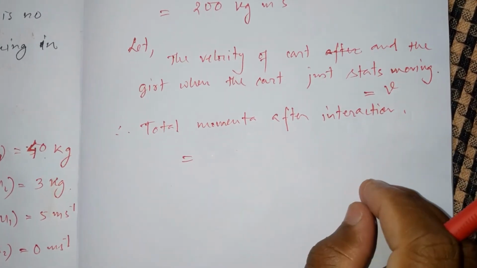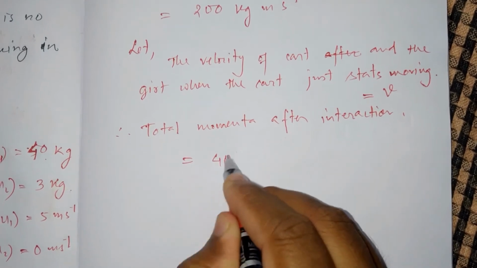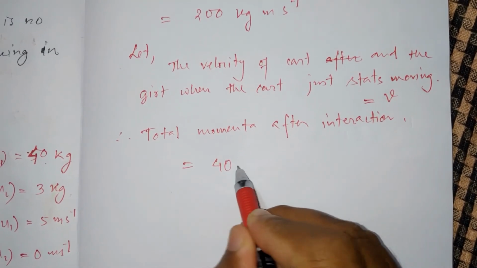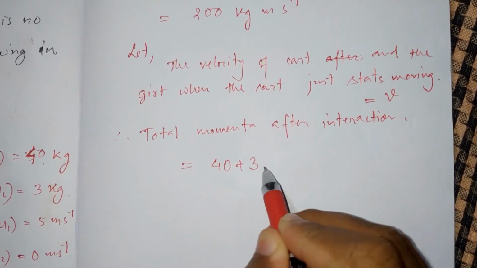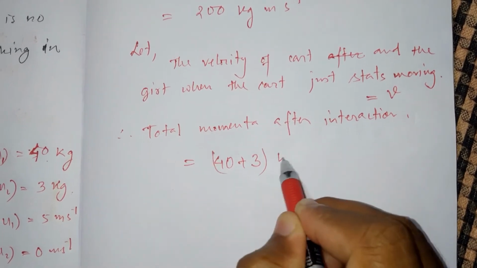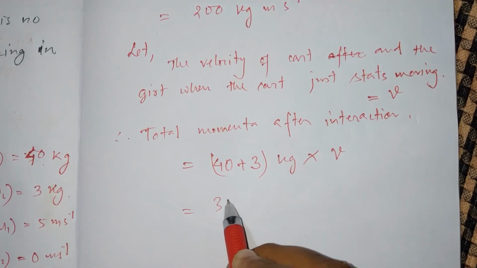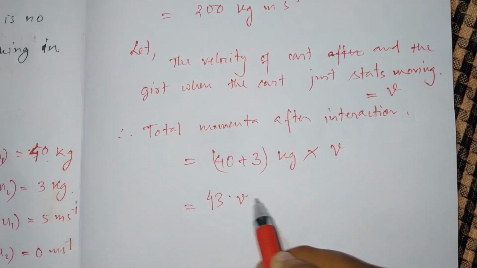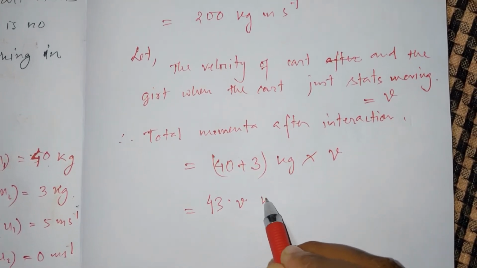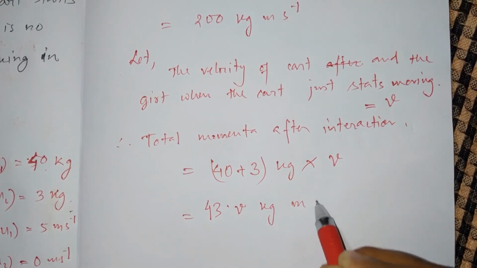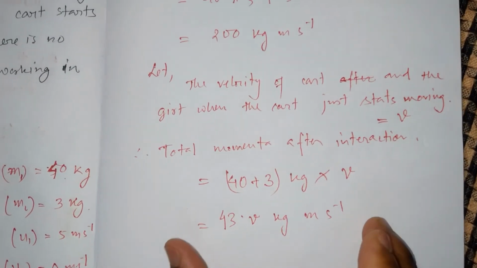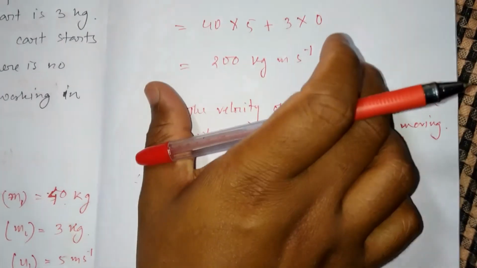So it will be 40, the mass of the girl, plus 3, the mass of the cart, so 40 plus 3 kilogram, and the velocity is v. So it will be 43 v kilogram meter per second.